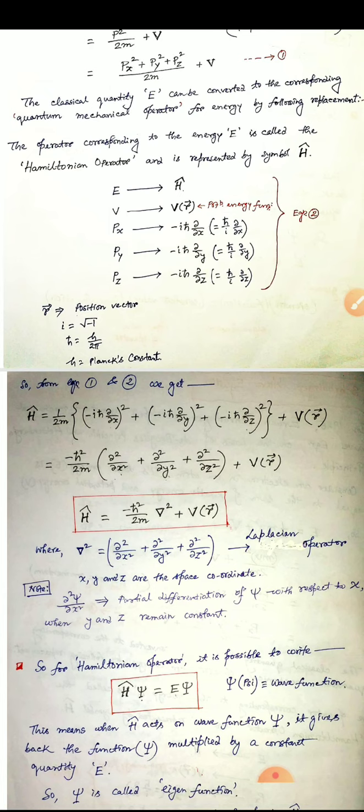This is the Laplacian operator in Cartesian coordinates along the x, y and z axes, or basically in 3 dimensions. Here d²ψ/dx² is the partial differentiation of ψ with respect to x when y and z remain constant.